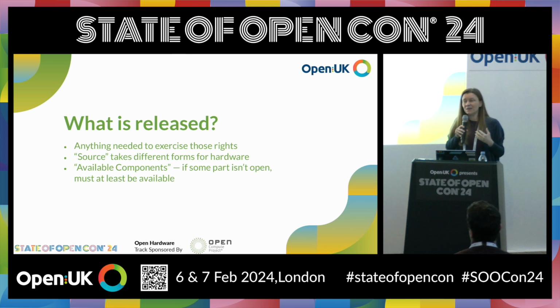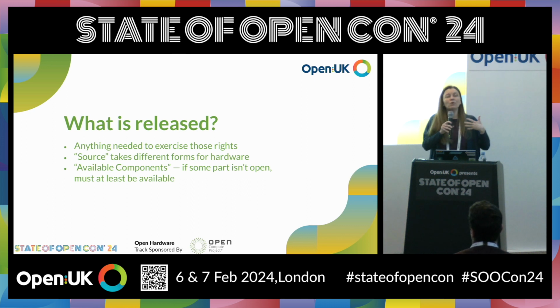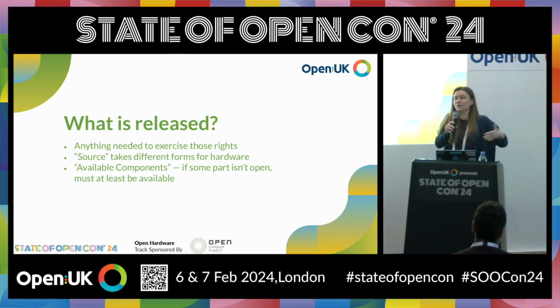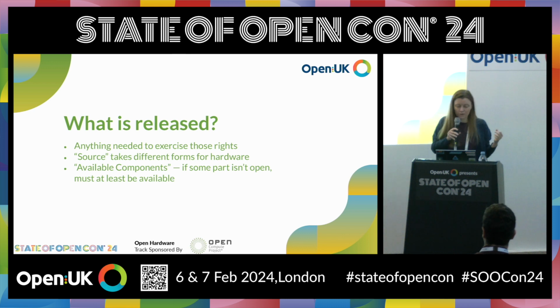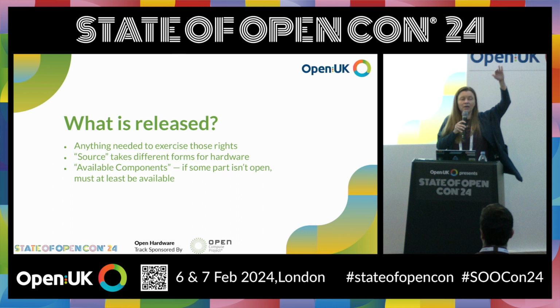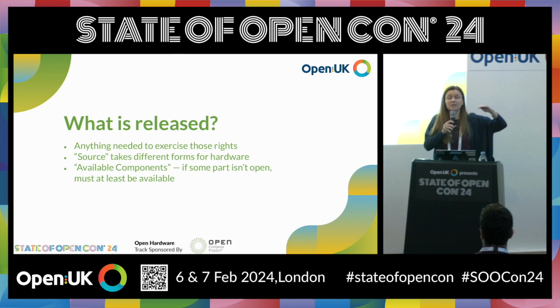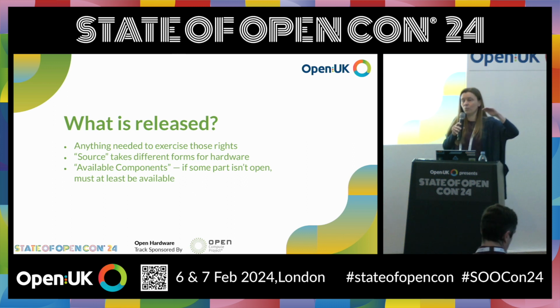But the concept of source is a lot more varied for hardware. It isn't just as simple as, well, you release the Python language sources and boom, you're done. Sometimes there's a lot more to it. And within the realm of open hardware, we have this concept of available components, which was defined by Andrew Katz, which you may have heard of if you've worked in open hardware. And that is, in hardware, sometimes you hit a point where there are things that simply are not available open.